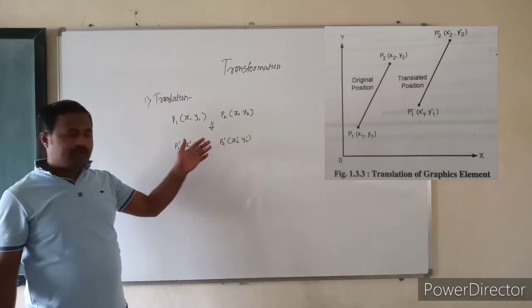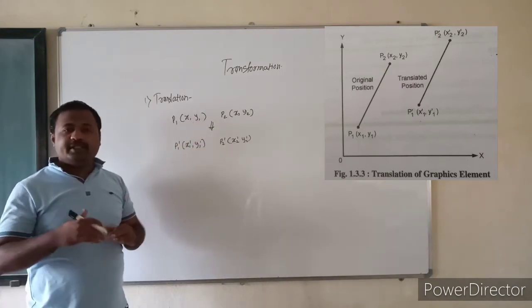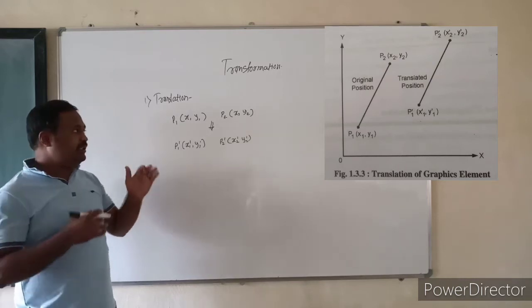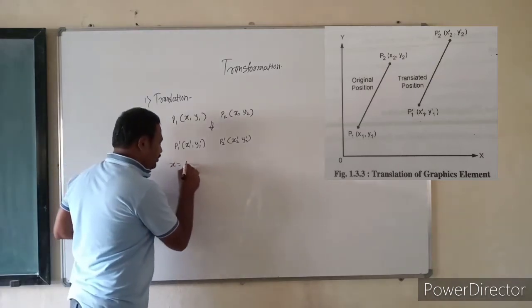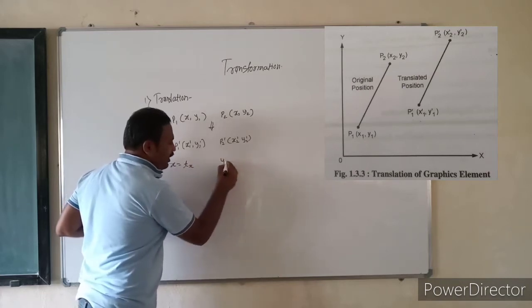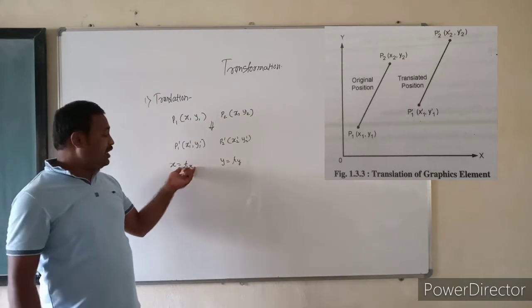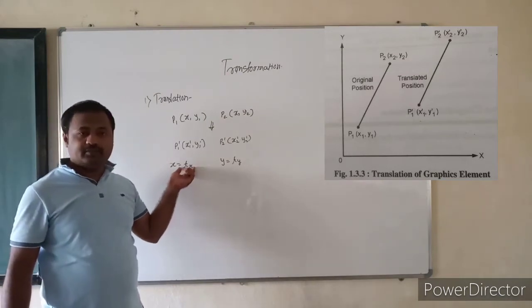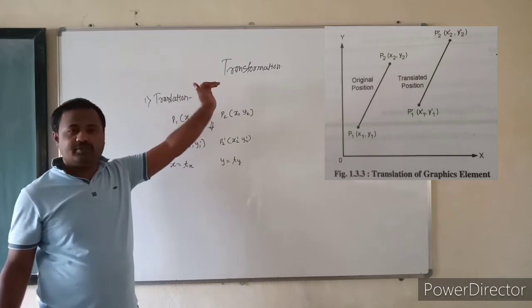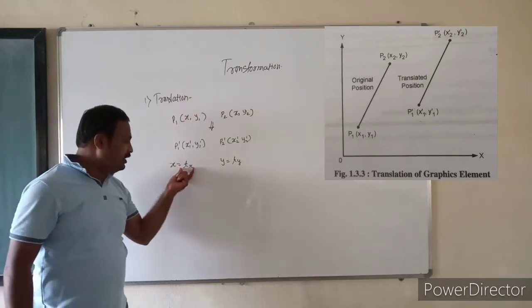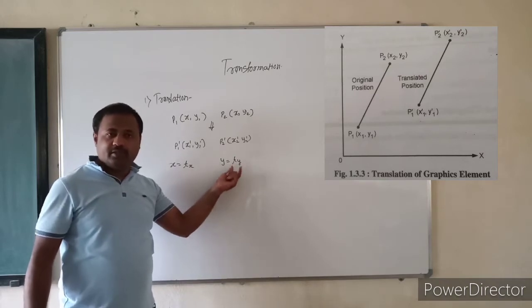If it is a translation, this line is translated by a distance Tx in the x direction and Ty in the y direction. These are the values for this transformation.